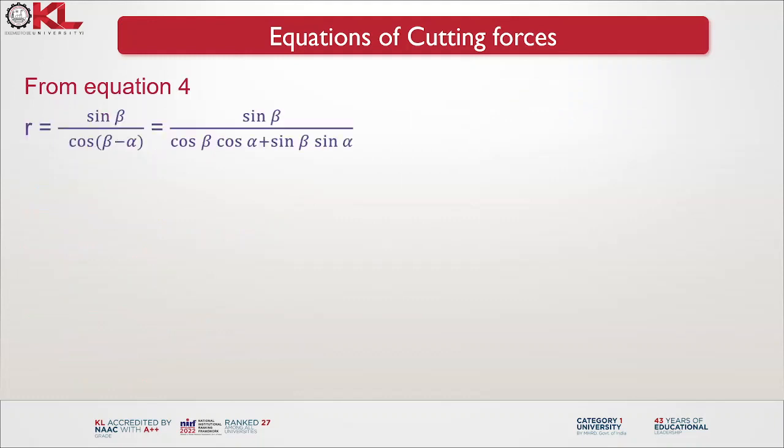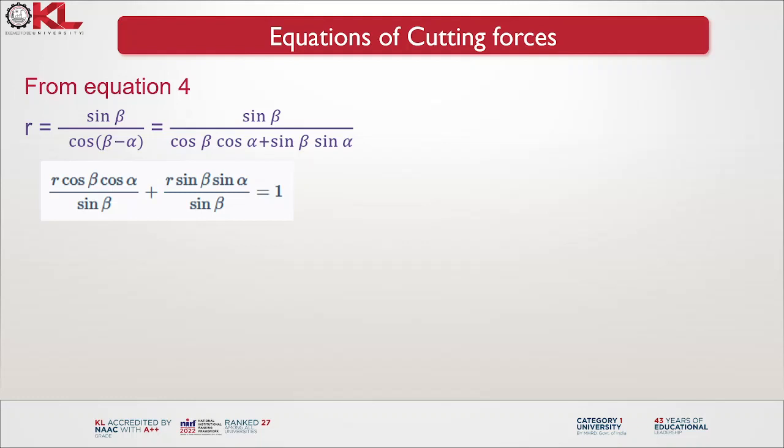From equation 4, you can expand cos of beta minus alpha using cos(A minus B) equals cos A cos B plus sin A sin B. Then you can simplify to obtain R cos beta cos alpha divided by sin beta plus R sin beta sin alpha divided by sin beta is equal to 1.